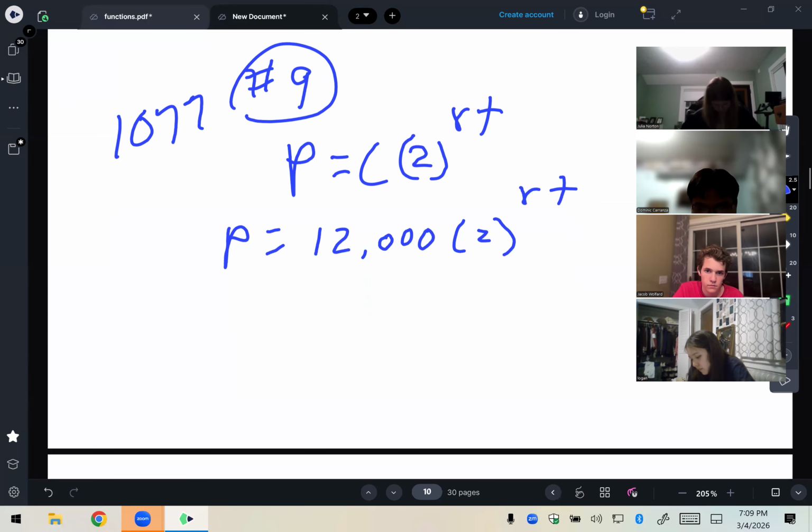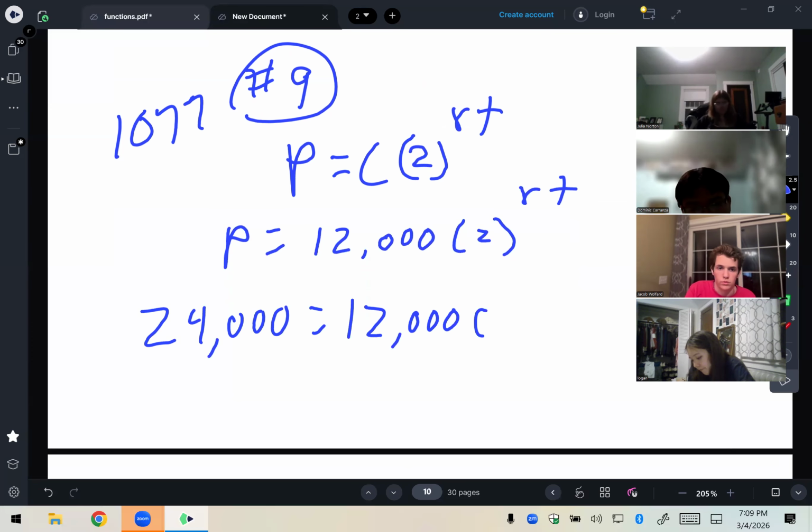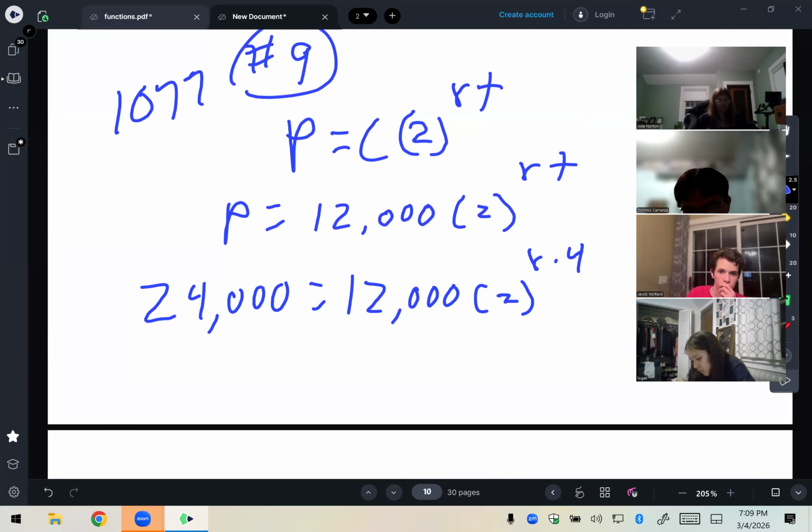Now we just have to put in the doubling situation. So 4 hours later, the bacteria have doubled. So now it's this. This is still 12,000. This is still 2. And this is now R times 4, 4 hours. Everyone's good that far?